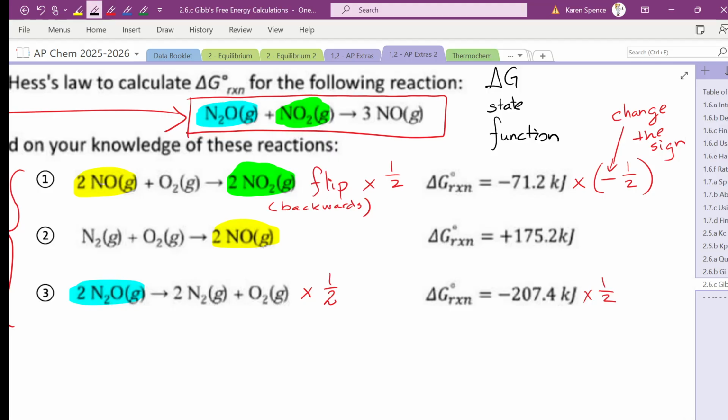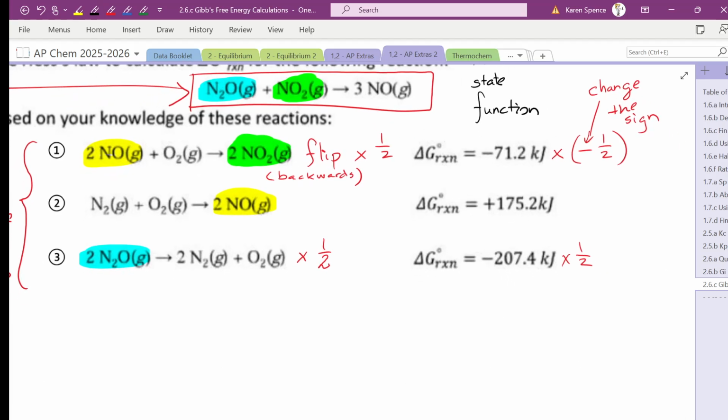So I'm going to write down reaction 1, and I'm going to flip it and multiply by a half. So I'm going to have NO2 goes to NO plus O2. So that's reaction number 1, but we have flipped it and we have multiplied by a half, except I forgot to put the half in front of the O2.